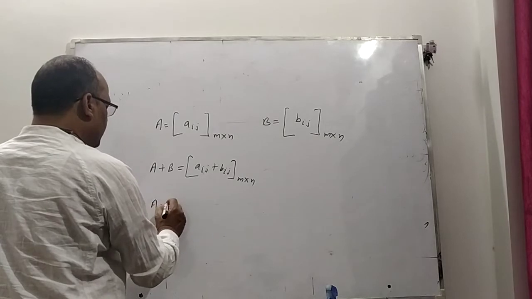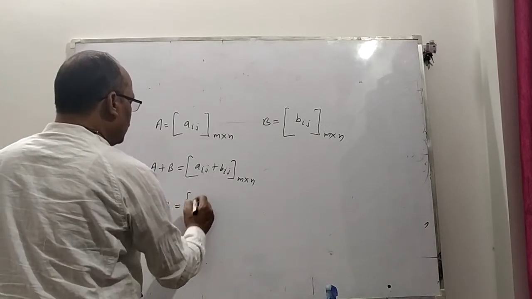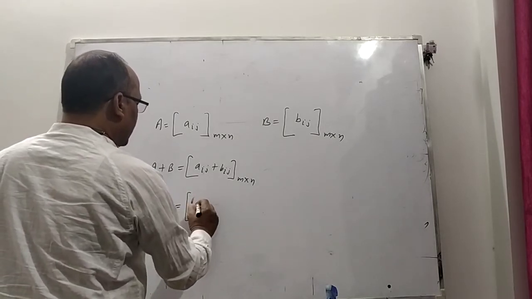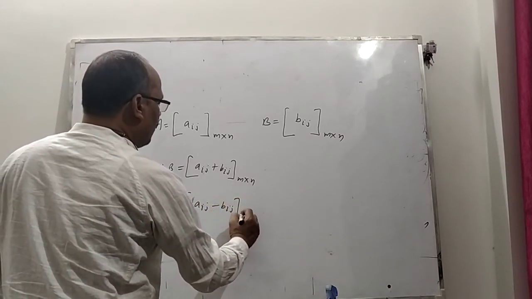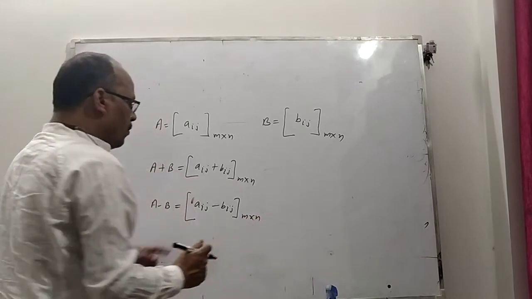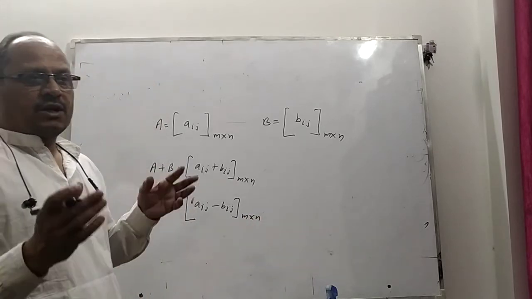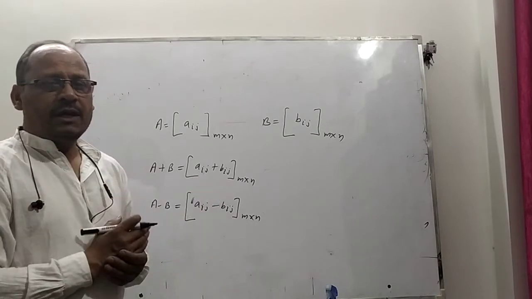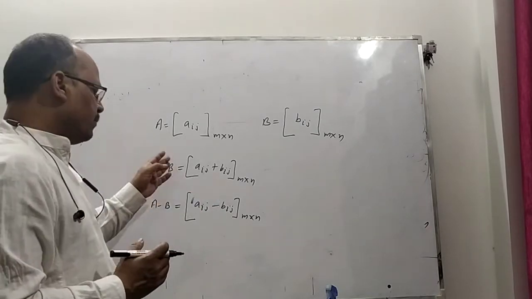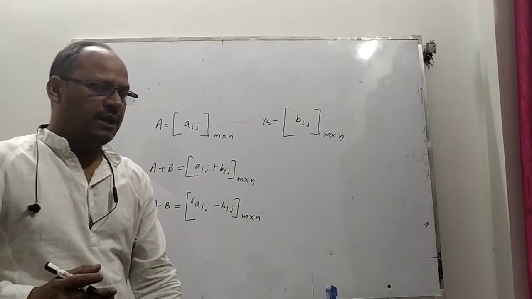A minus B, then we can write Aij minus Bij of order M cross N. What is the meaning of this? Their corresponding elements will be added, or corresponding elements will be subtracted. I suppose you know about it, but I am explaining this.